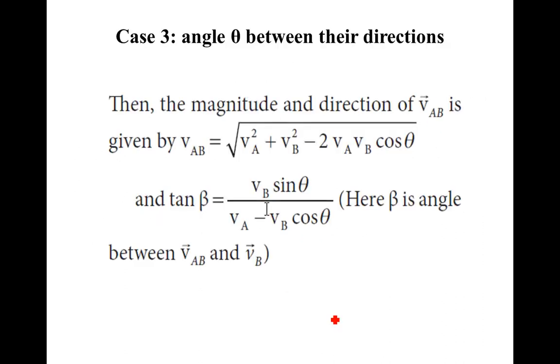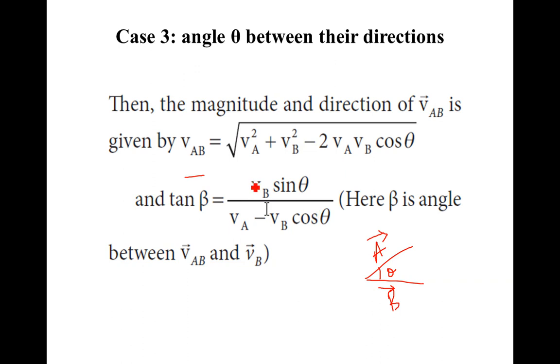The third case is when two objects are moving with some particular angle theta between them. If it is having some angle itself, you have to go for the angle value, with vectors at some angle, which we have read in the cross product formula. If two vectors make some angle, the magnitude is root of a squared plus b squared minus 2ab cos theta.